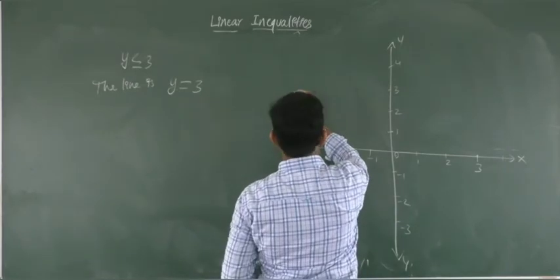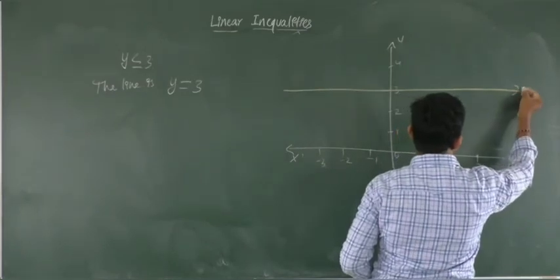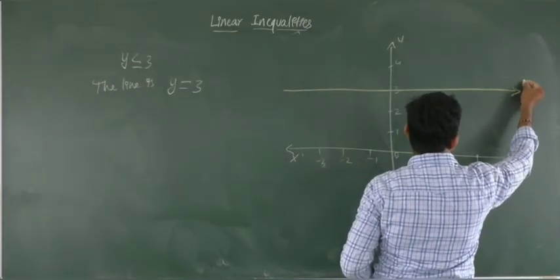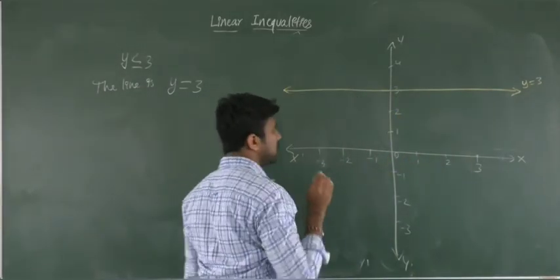So this is the line. What is the equation of this line? y is equal to 3.